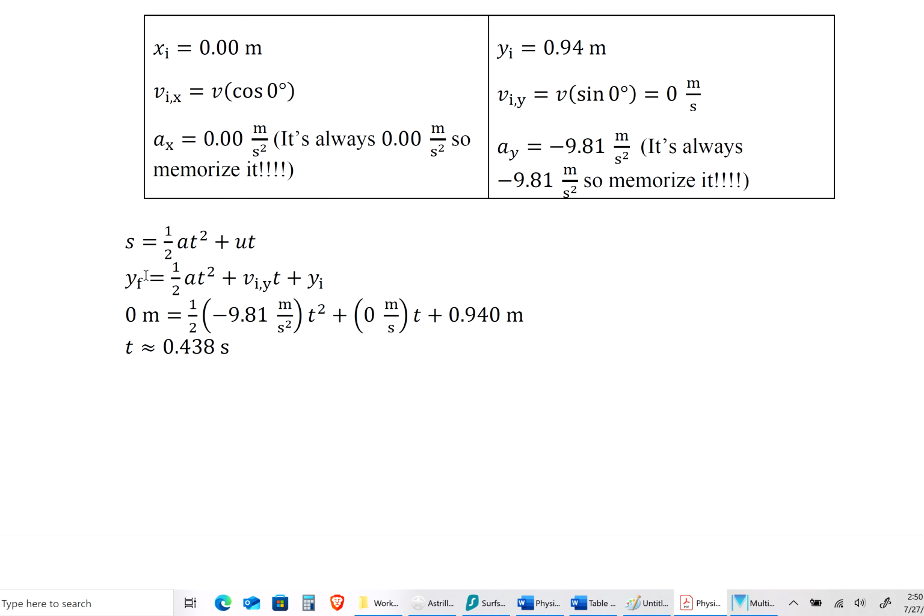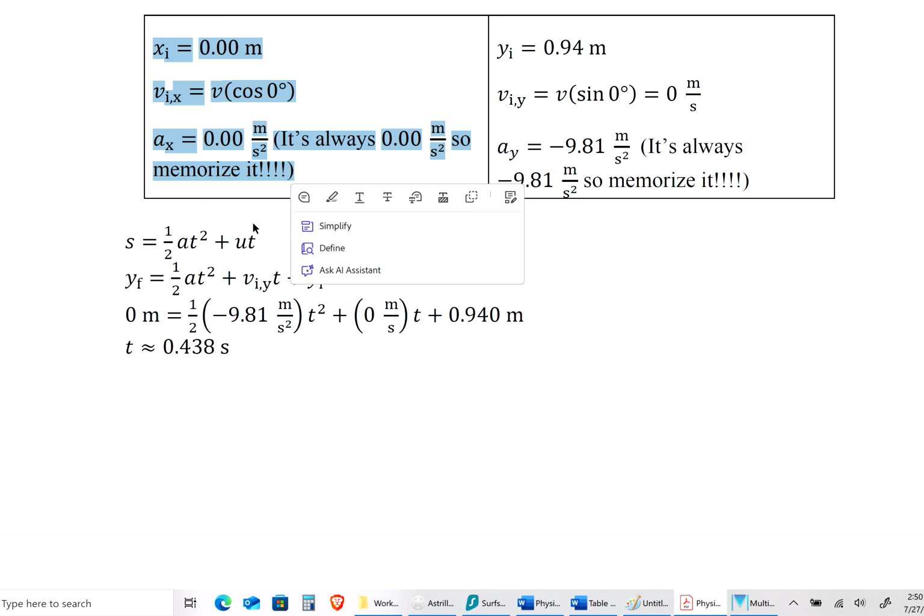So we're going to use this equation here, plug in for the variables that we know, and solve for time. 0.438 seconds. Notice I only used these variables. I didn't use these variables.